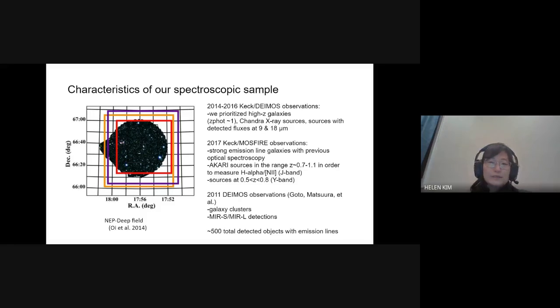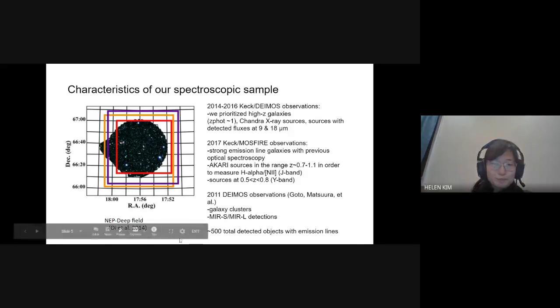And for this sample, it primarily prioritized galaxy clusters in order to study environmental effects, as well as detections at 9 and 18 microns. So in total, our sample comprises about 500 detected objects with strong emission lines.